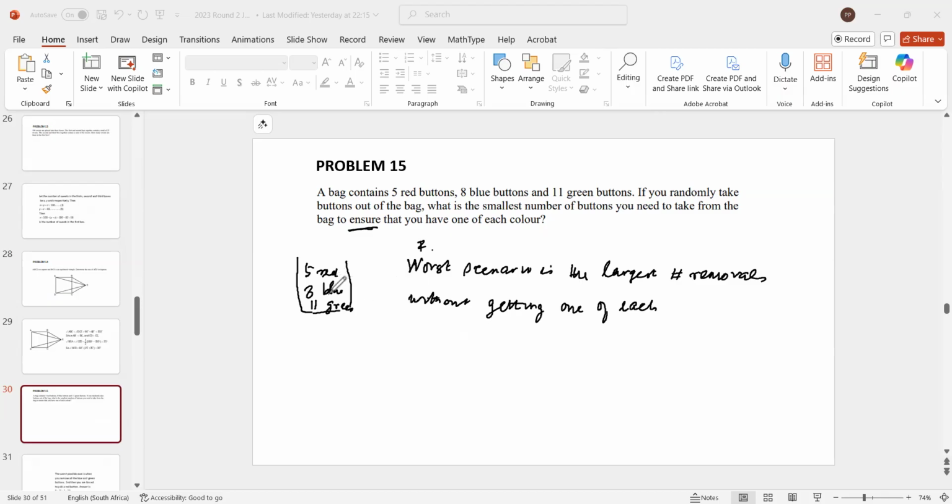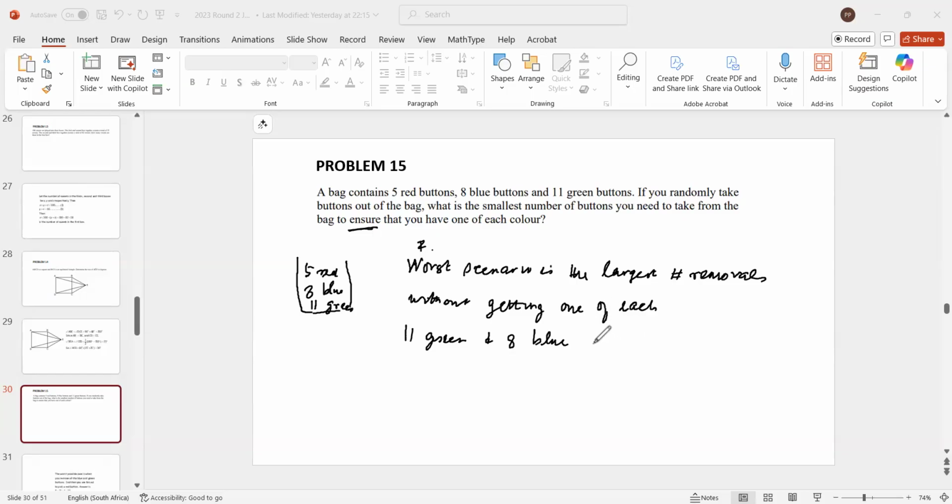So the worst scenario is where you take the maximum number of bad ones. So you take 11 green and 8 blue, and you still haven't achieved your end, right? But once you take the 11 green and the 8 blue out, then you've got nothing else but reds, but you've got no choice, right?